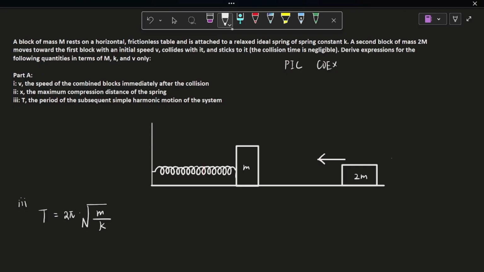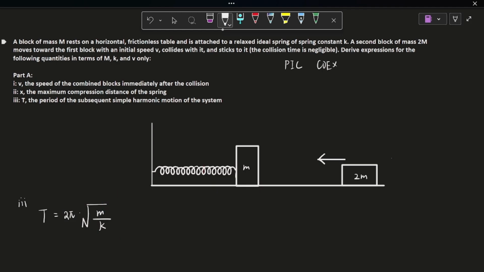Now, let's try to solve some of the variables that we haven't solved in this formula. T equals 2 pi times square root of m over k. We already know k. Pi is a constant. 2 obviously is a constant. So the only thing we haven't known yet is m.